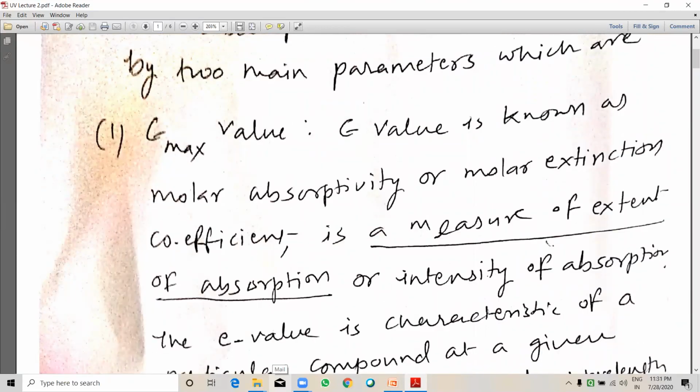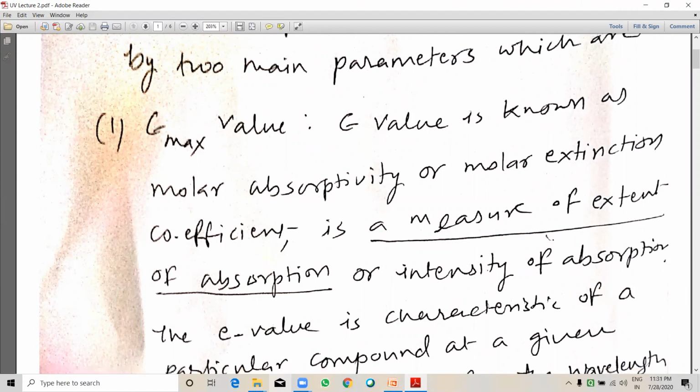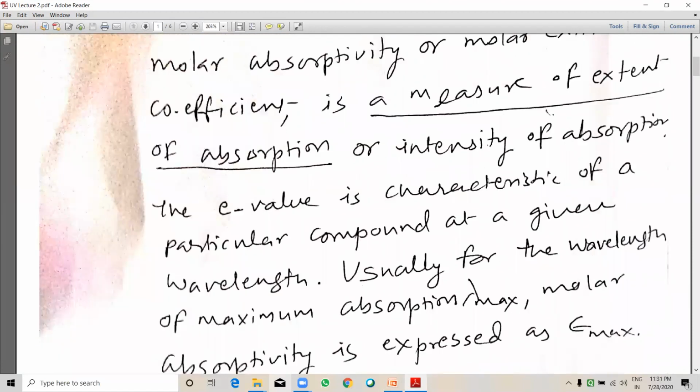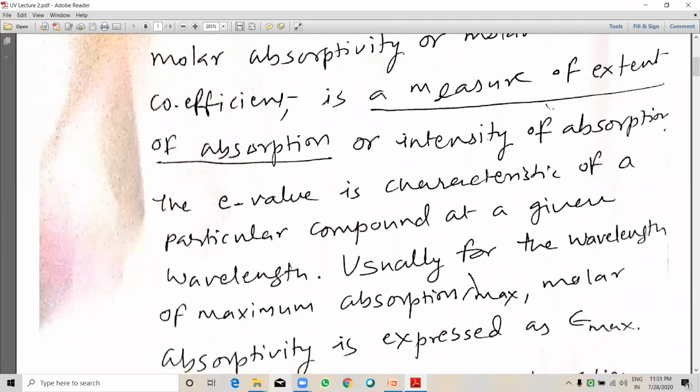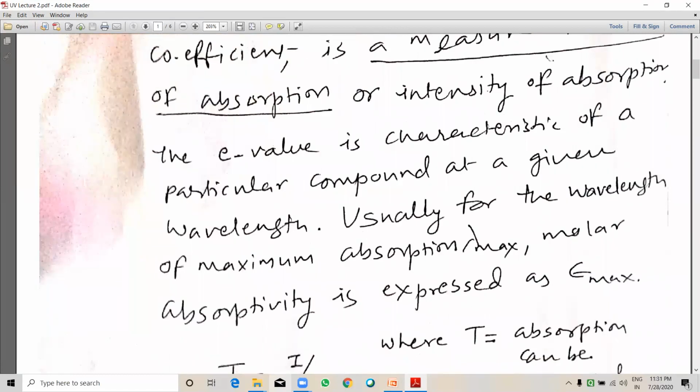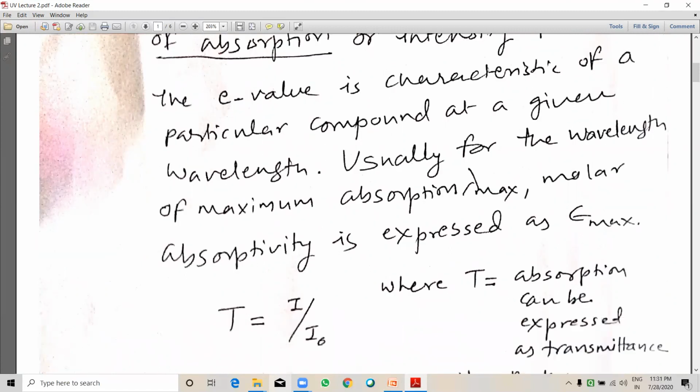It is a measure of the extent or intensity of absorption. The epsilon value is characteristic of a particular compound at a given wavelength. Usually for the wavelength of maximum absorption, lambda max, molar absorptivity is expressed as epsilon max.